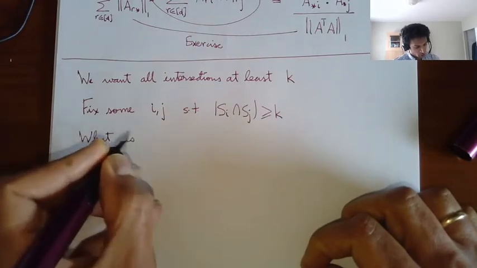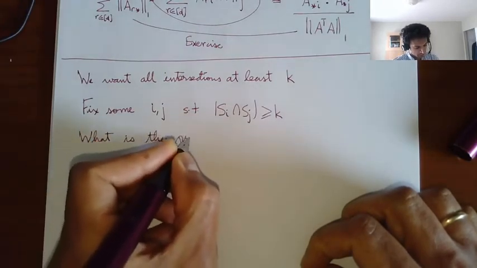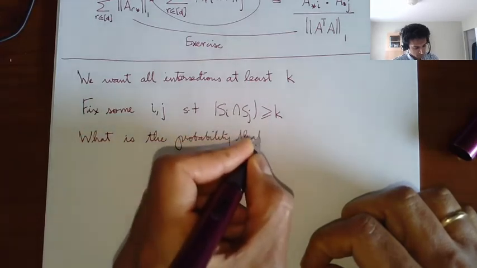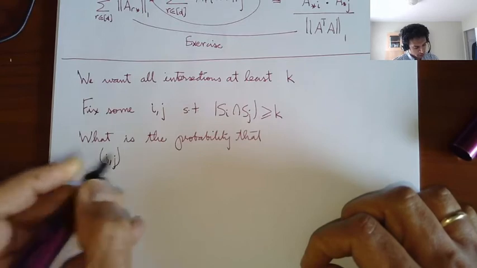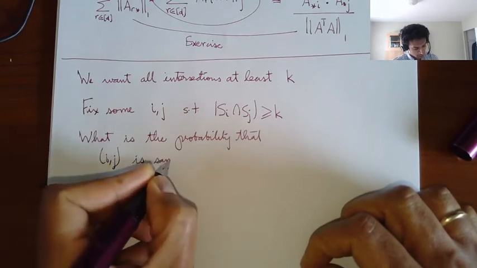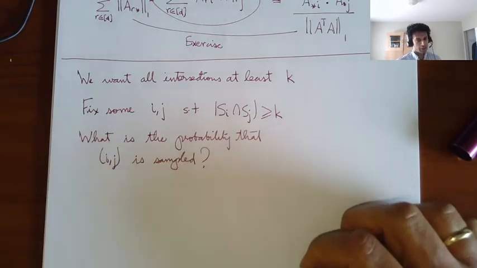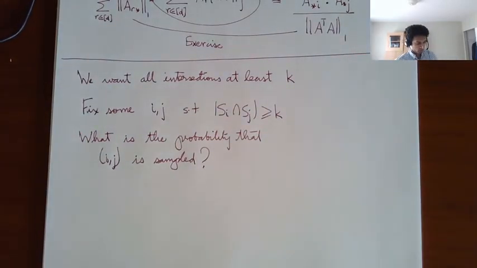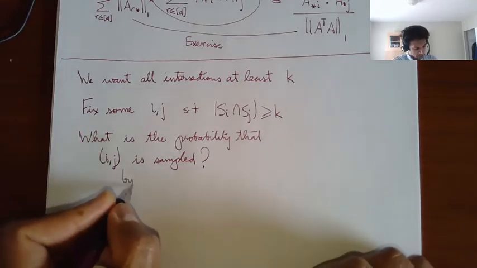What is the probability that ij is sampled by the Cohen-Lewis sampler, the CL sampler?